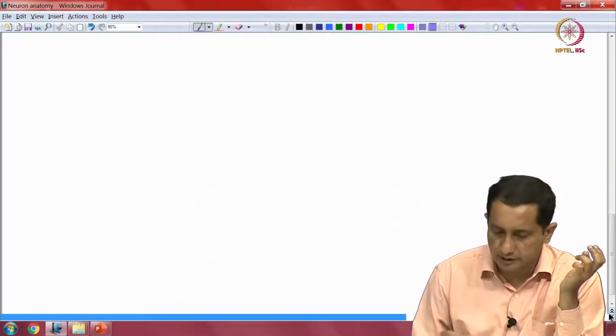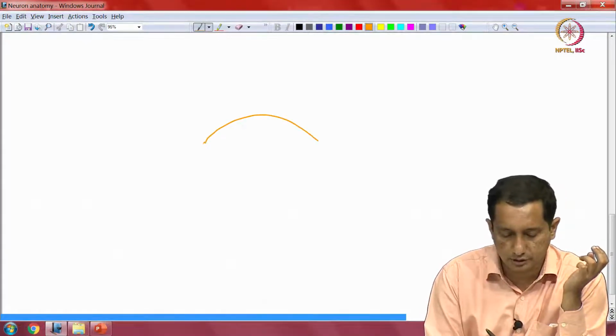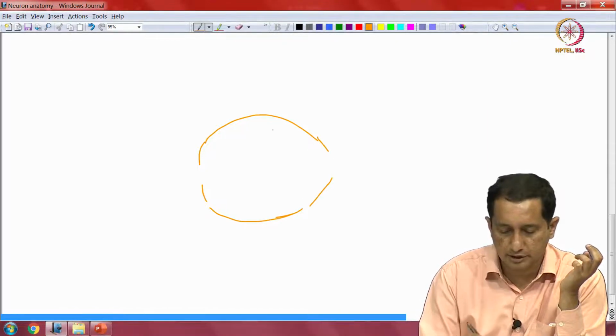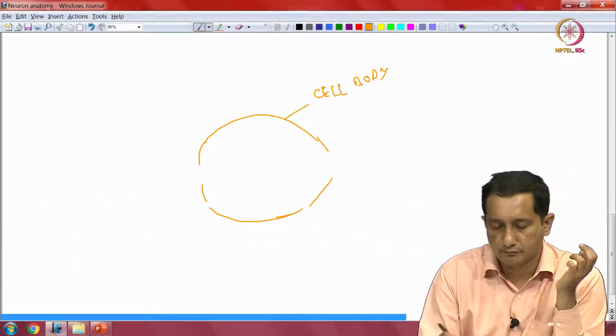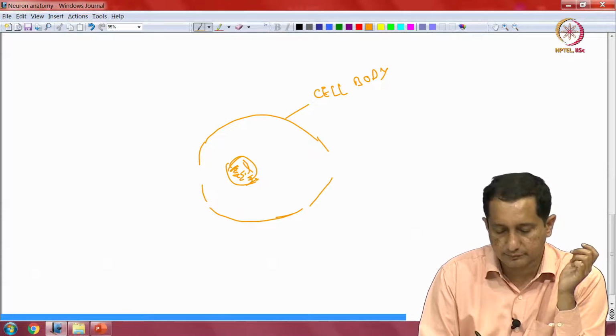So, without much more, let me first draw what constitutes a neuron. You would have a central part called the cell body. The cell body contains a nucleus and it also has cytoplasm.